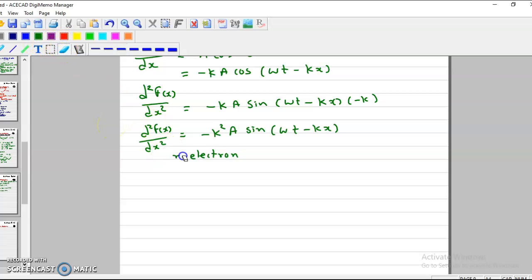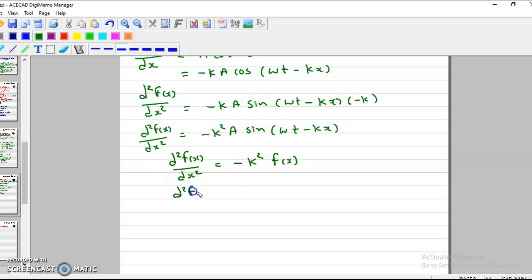Instead of a sine(omega t minus kx), we write f(x). So d squared f(x)/dx squared is equal to minus k squared f(x). Now we put the value of k.